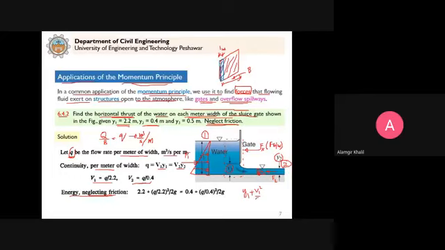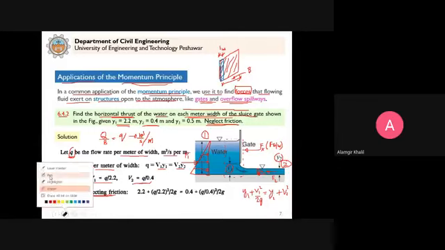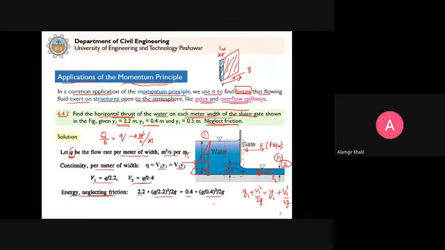So y1 plus V1 square by 2g is equal to y2 plus V2 square by 2g. This is the equation that we write down.